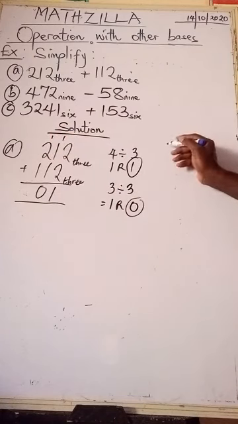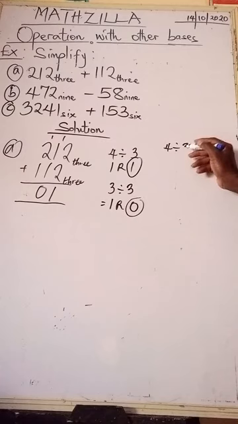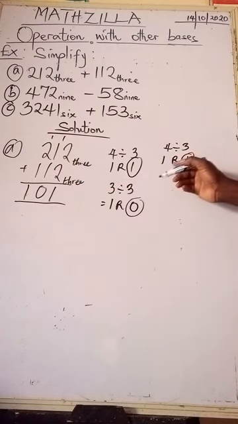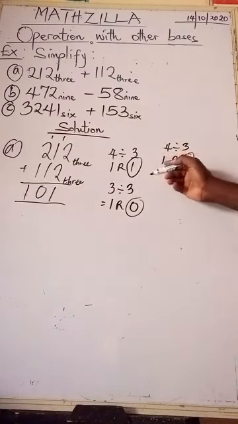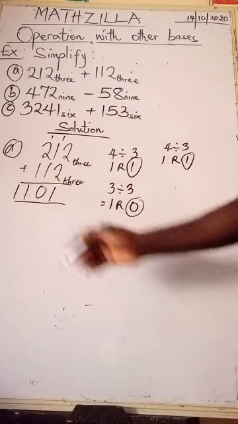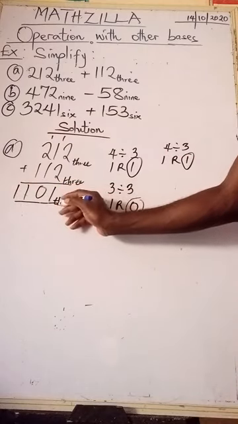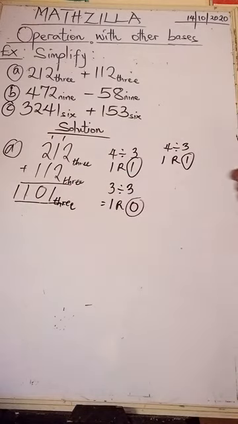We can't write the 4. You divide it by the number base. 4 divided by 3 is 1 remainder 1. We write this remainder here. Since there is nothing else to add, this other 1, you bring it here. So our answer becomes 1101 base 3.